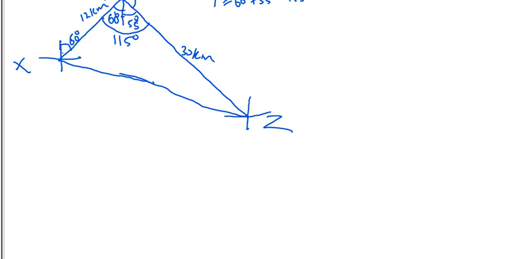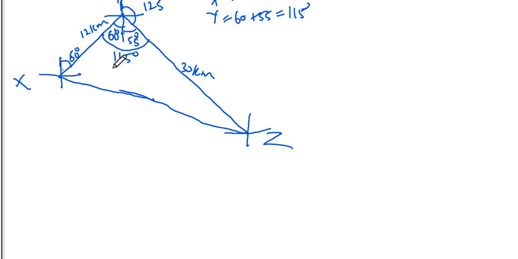Now since this is not a right angle triangle, 115 is not 90 degrees, we can only use the cosine rule here.